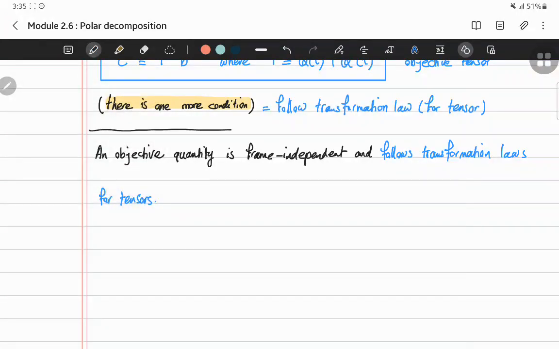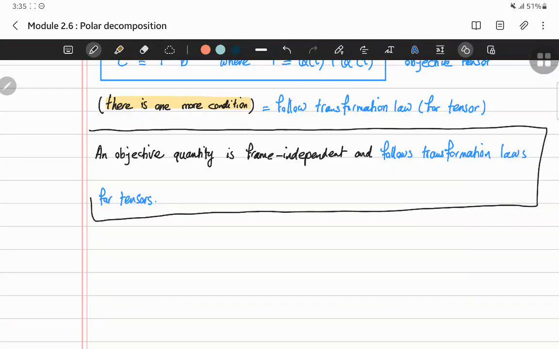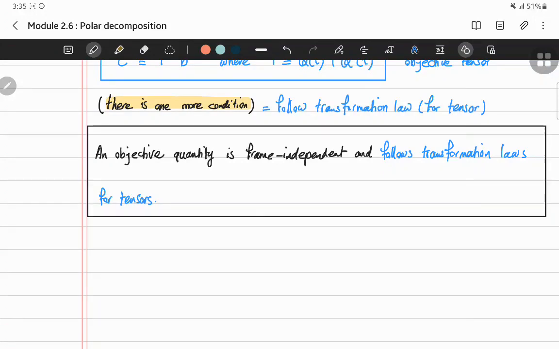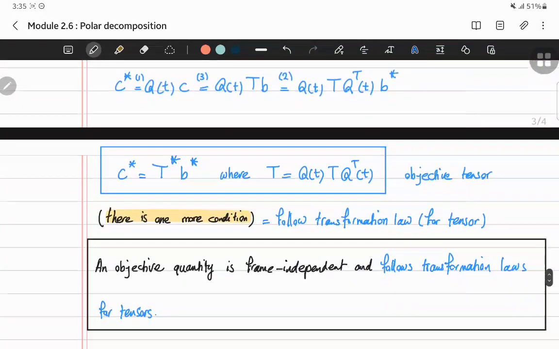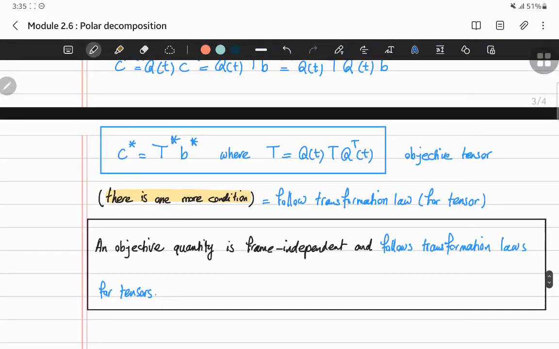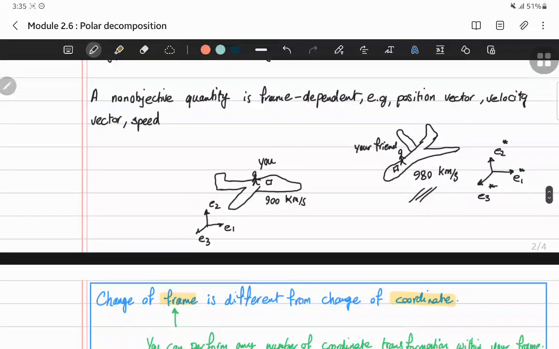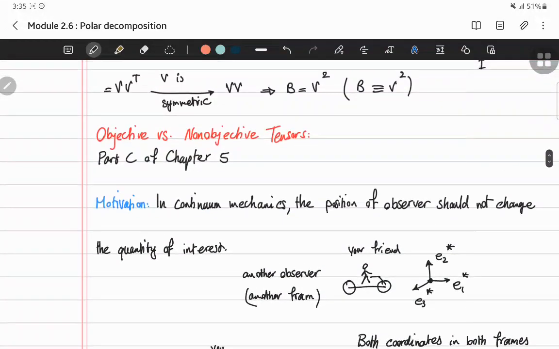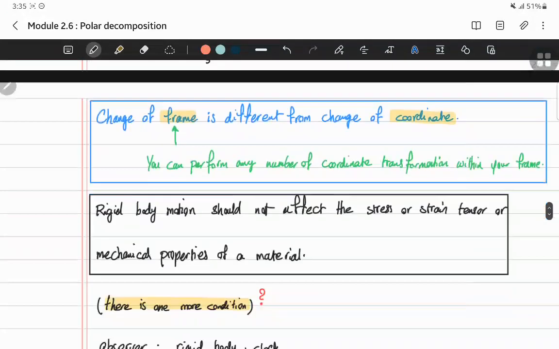So now we can say what is an objective quantity. If we can find an objective quantity, we had c and b. If we can find which one is objective, then due to this motivation here, we can say we can use it in continuum mechanics because it is independent of the frame or the observer.